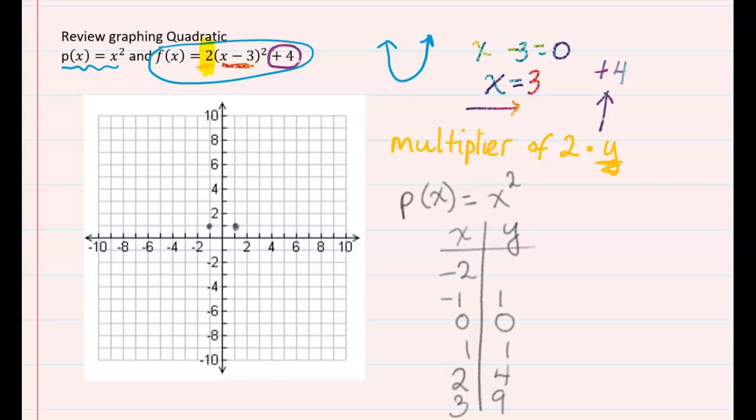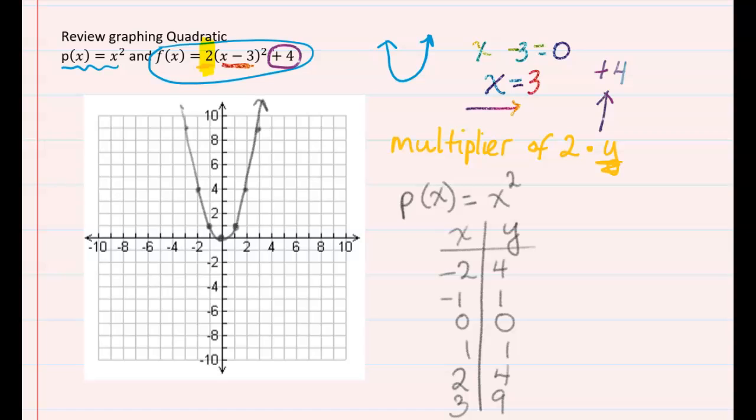Negative 1 squared is going to be a positive 1, and negative 2 squared is going to be a positive 4. So we can see our parent function right here. I graphed (0, 0), (1, 1), (2, 4), (3, 9), and by axis of symmetry I can do the same thing on the left side. Over 1, up 1, over 2, up 4, over 3, up 9. And this is our parent function.